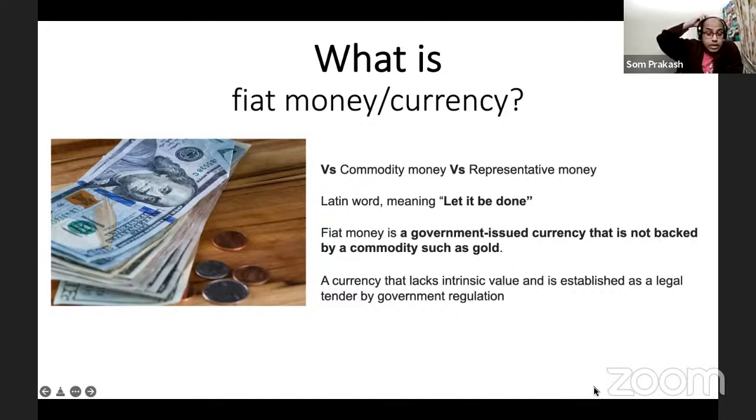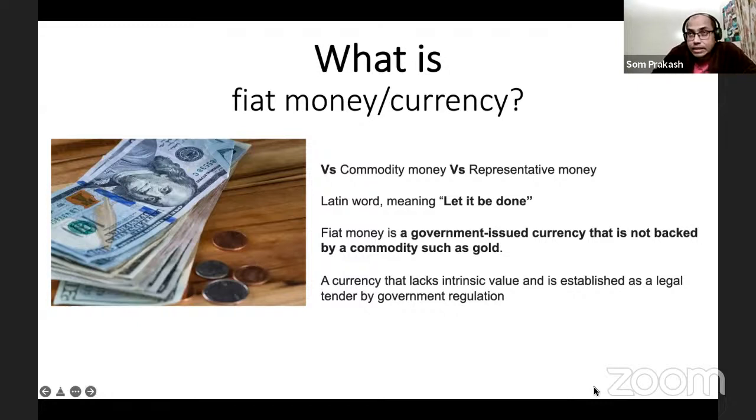We have representatives who make the entire government structure. So the entire system has given its verdict, or legal decree, that this paper will be considered as money.